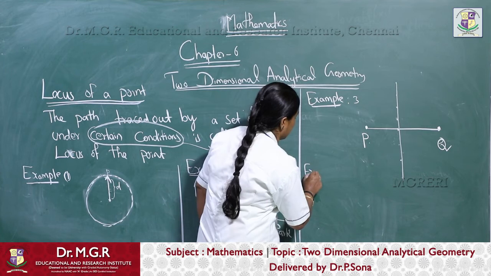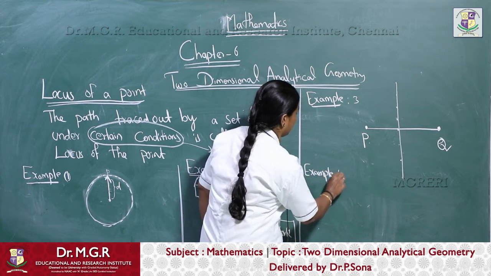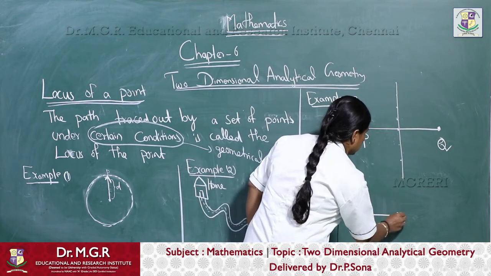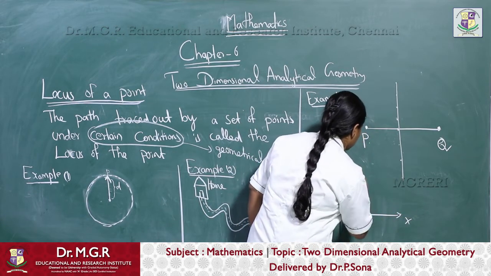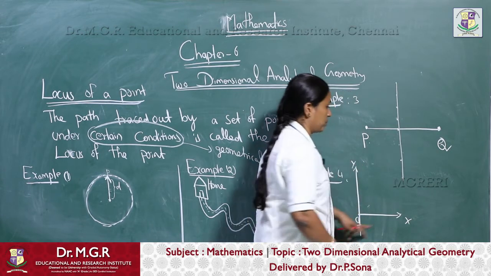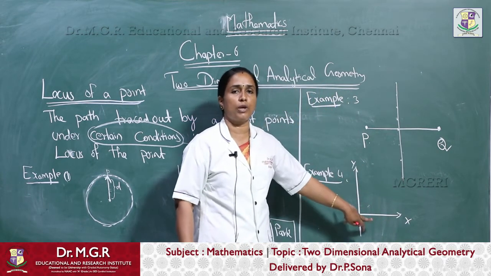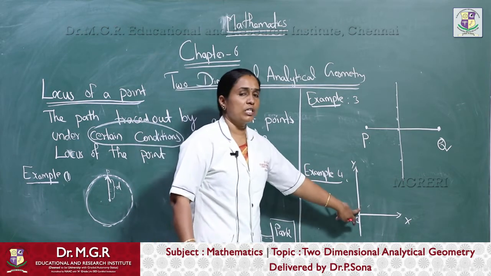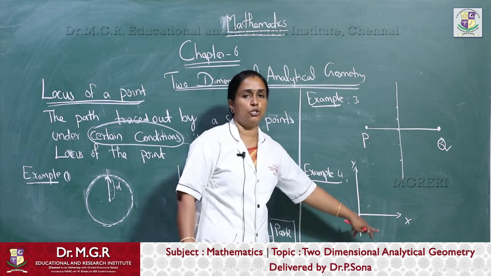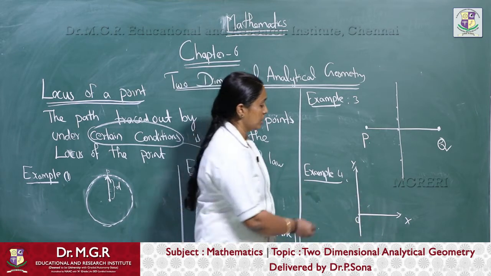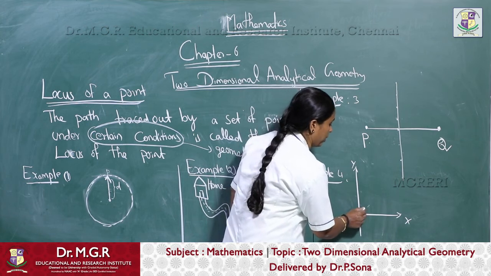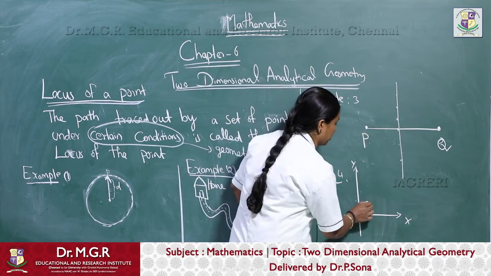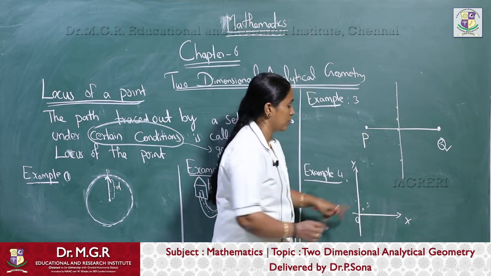Let's move on to another example, mathematical example number 4. Let us consider two axes, that is OX as well as OY. These two represent the axes OX and OY. The question is, what is the locus of the point which is equidistant from these two lines or axes? How can you find this? Suppose we find one point here, which is equidistant from this line as well as this line. Similarly, if we put a point here, this point is equidistant from here and here.